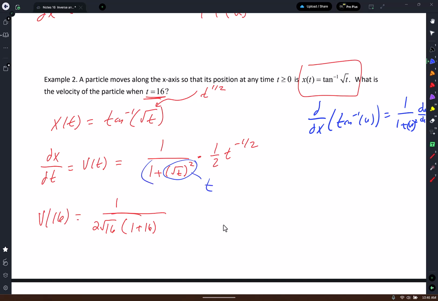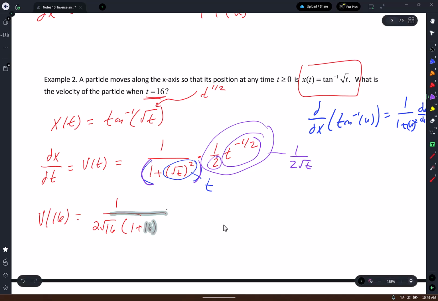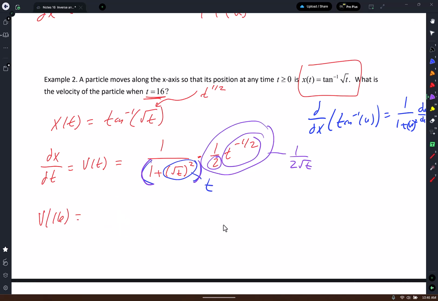You see this 2? It's in the bottom. You see this t to the negative half? I did it all in one step. So it's 1 over 2 square root of 16 times 1 over 1 plus 16.